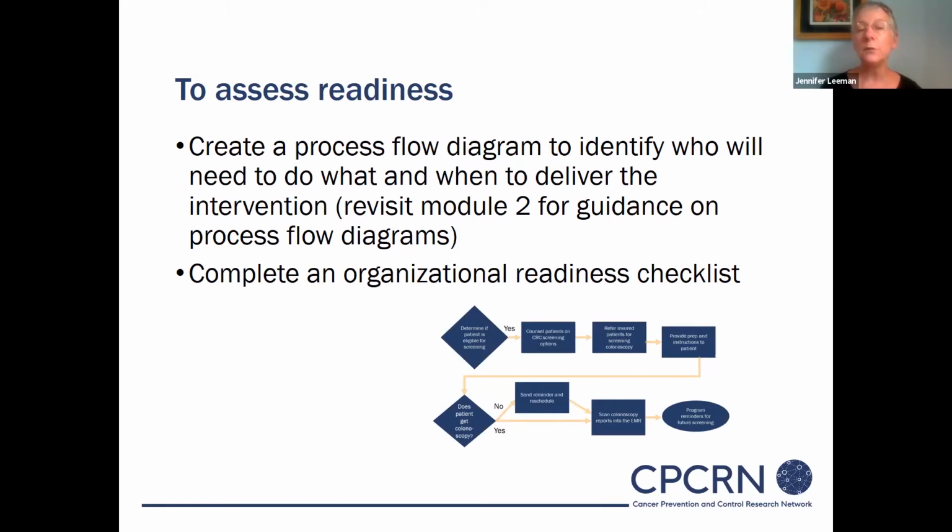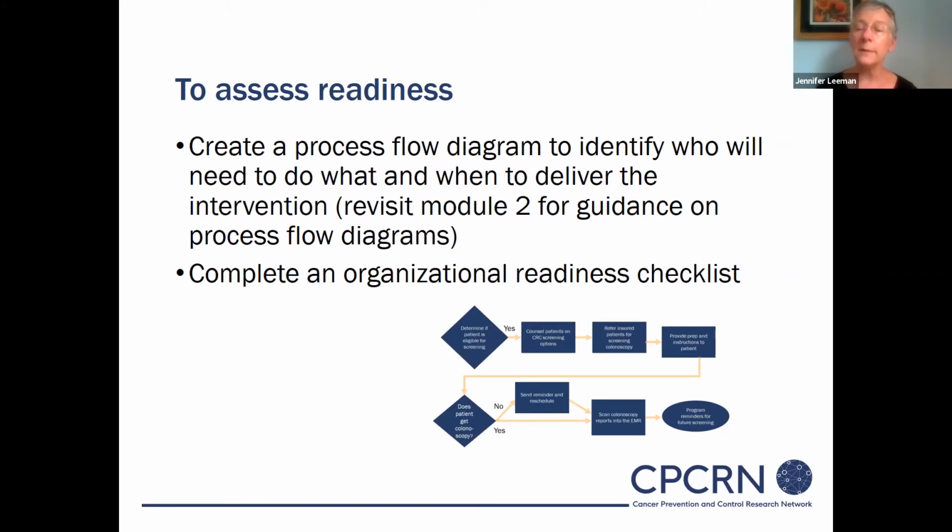We suggest that you first create a process flow diagram. And in the second seminar, Mary provided more detailed guidance on how to create a process flow diagram of your current process. So I'm not going to go into too much detail here, but here we're talking about making a process flow diagram of the new process that will be required to deliver this new intervention.